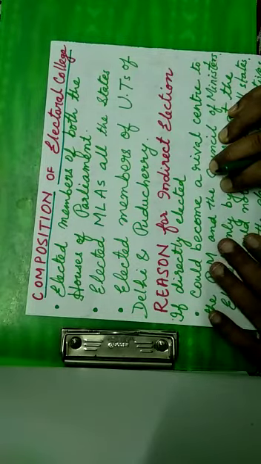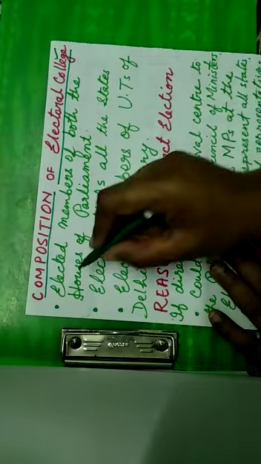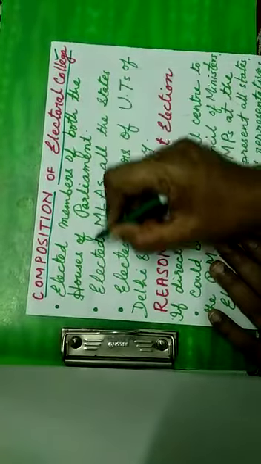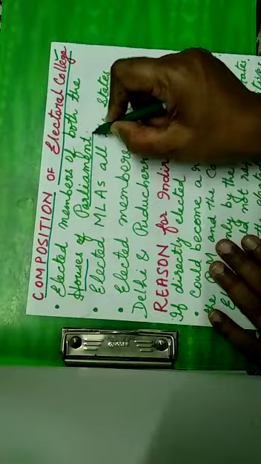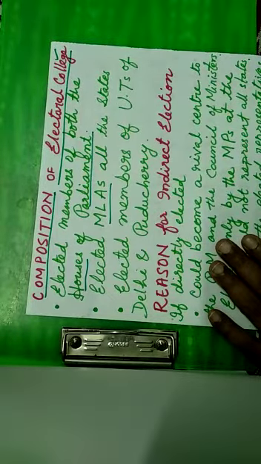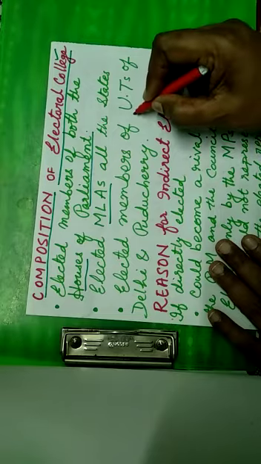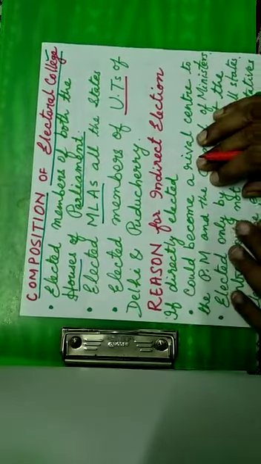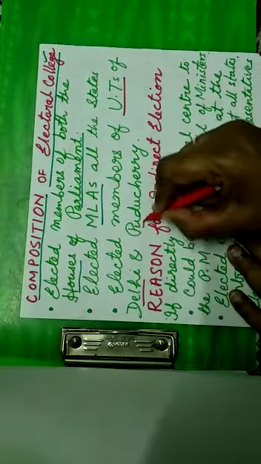The electoral college is the body that elects the President. It has the elected members of both the houses of Parliament. It has the elected MLAs of all the states and elected members of the union territories of Delhi and Pondicherry or Puducherry that we call.